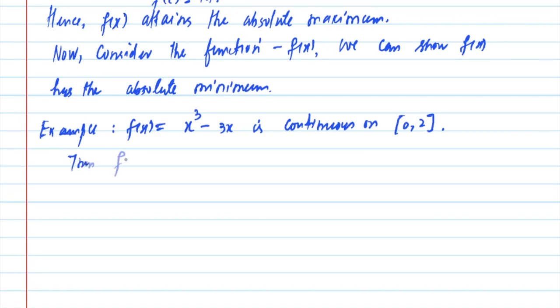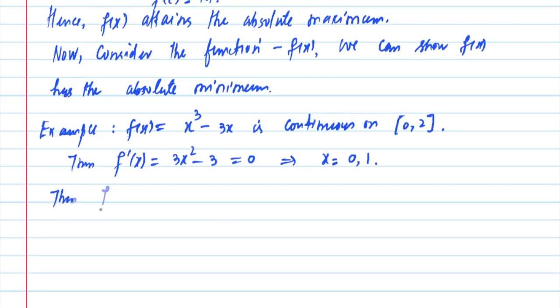So then f dash of x is equal to 3x square minus 3. Suppose this is equal to 0. This implies x is equal to 0, 1. Then in order to find the absolute maximum or the absolute minimum, we will have to find the value of this f of x at x equal to 0, at x equal to 1, and the boundary points of this interval.